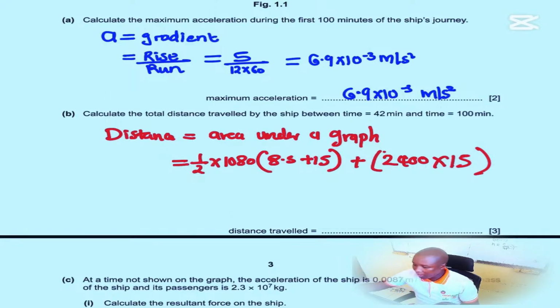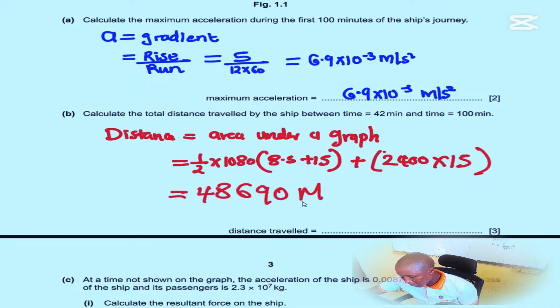So if I work out the total distance traveled, it is going to be 0.5 times 1080 into brackets 8.5 plus 15, then plus bracket 400 times 15, and the total answer becomes 48,690.